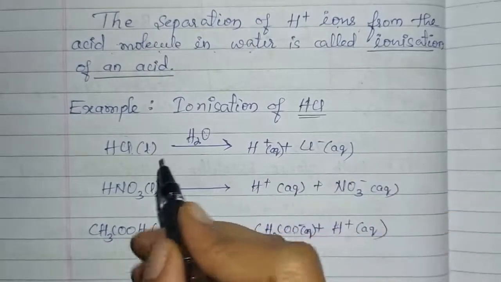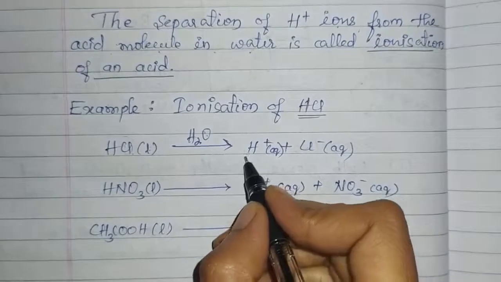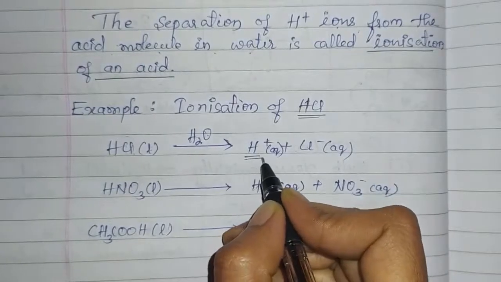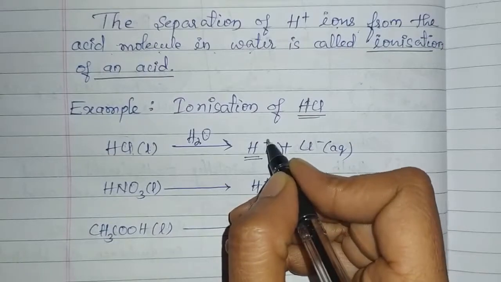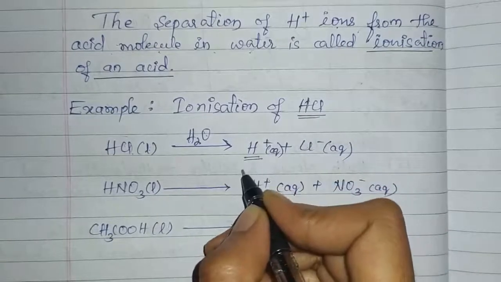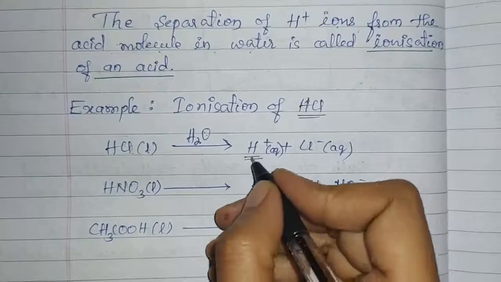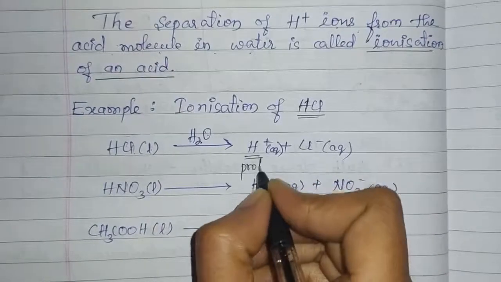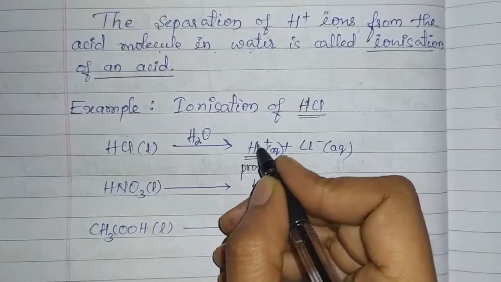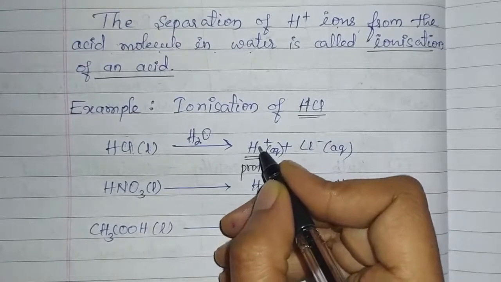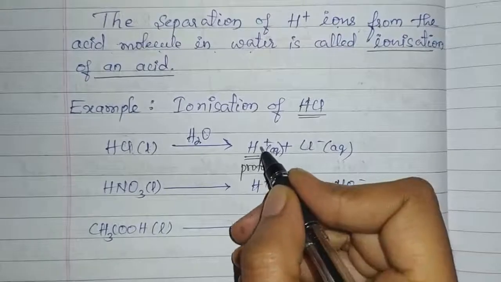See here, we are separating this hydrogen ion. On the hydrogen atom there is a positive charge. Therefore, this is hydrogen cation, or we can also call it a proton, because this is hydrogen and it carries positive charge. Here no electrons are present in the hydrogen, therefore only a proton is present.